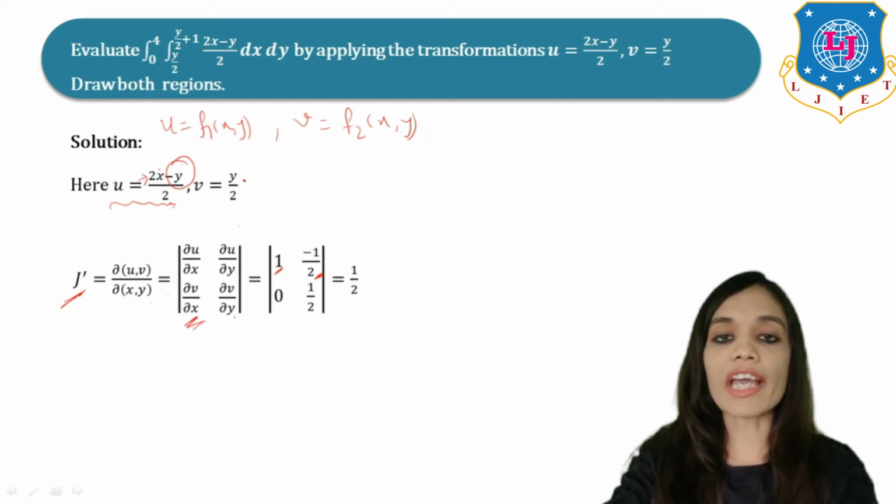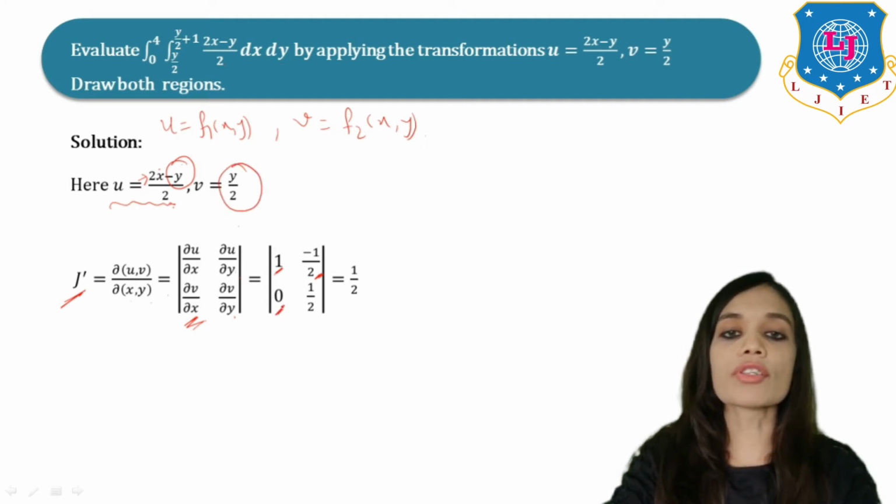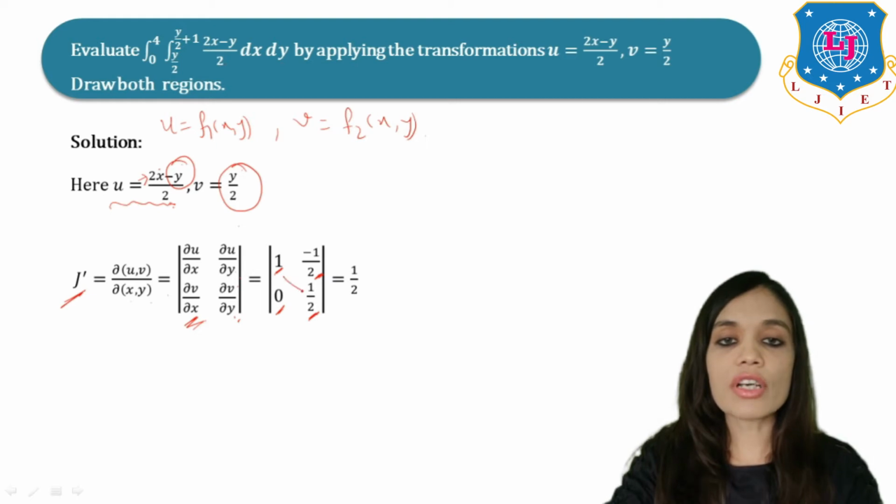Here y will be constant, but the derivative of a constant term will be equal to 0. And lastly, find the derivative of v with respect to y. The derivative of y will be 1, so the final answer will be 1 upon 2. Now just simplify this determinant. You will get the answer as 1 upon 2 minus 0. On simplifying, the final answer of J dash will be 1 upon 2.